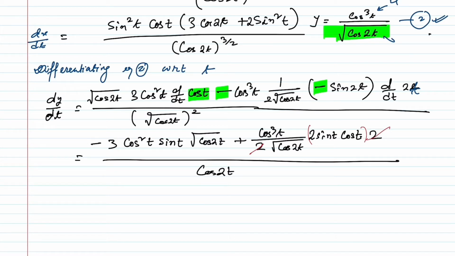Let us multiply both the numerator and denominator by this term, root over cos 2t.